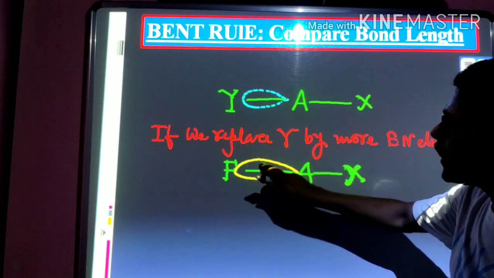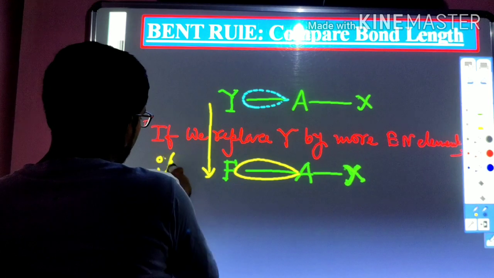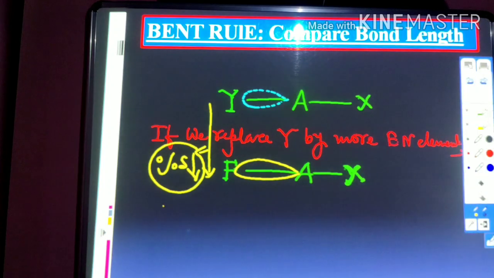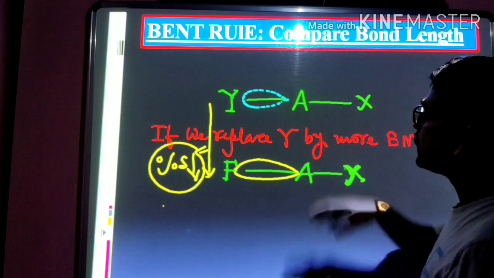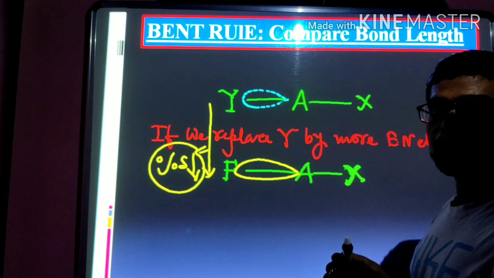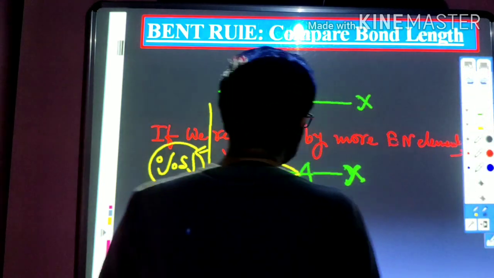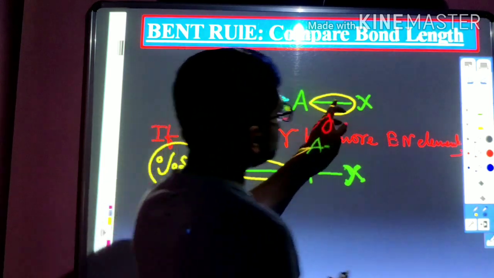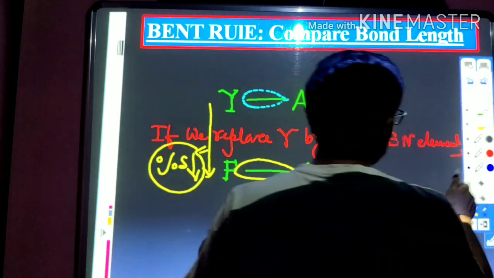From here to here, the percentage of S character decreases. No problem, but the total percentage of S character will remain the same. In that case, what will happen? This bond will make an adjustment in order to keep the total percentage of S character the same. So if before it was like this, here the percentage of S character decreases and here the percentage of S character will increase.